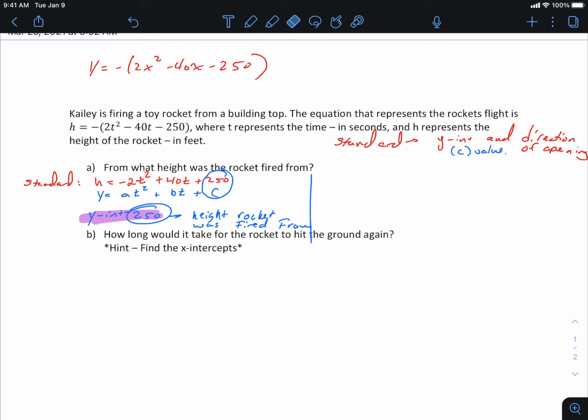Is it t equals 10? Is it t equals 0? T equals 5, 10, 15? What is the time value before I fired the rocket? Anybody?